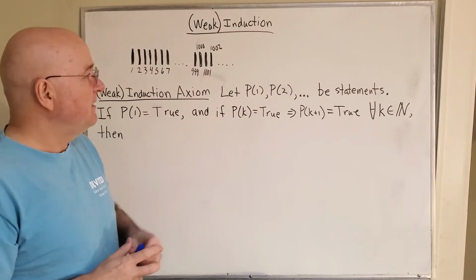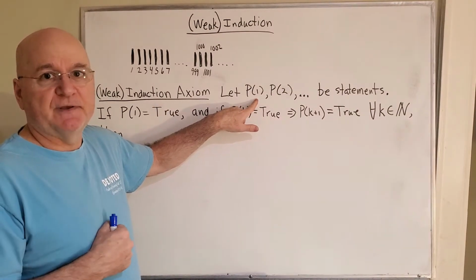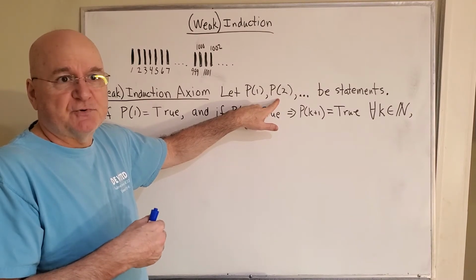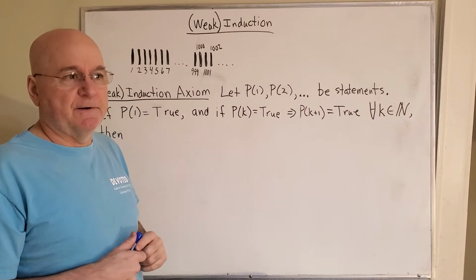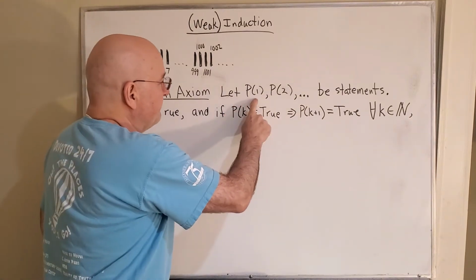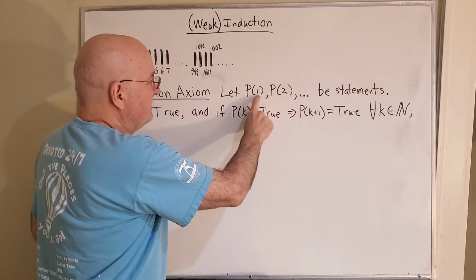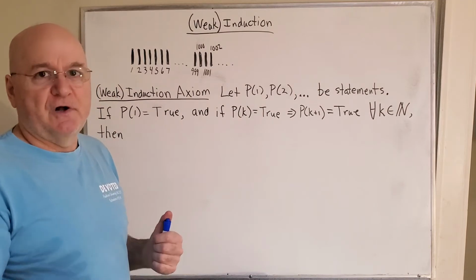Real simple. P of 1 would be false. 1 is not an even natural number. P of 2 would be true. 2 is an even natural number. All of the odd ones, P3 would be false, P4 would be true, and so on. So we have an infinite number of propositions starting at P1, corresponding to the number in the parentheses, and each proposition is a true or false statement.